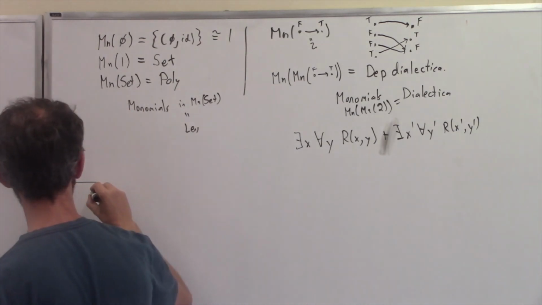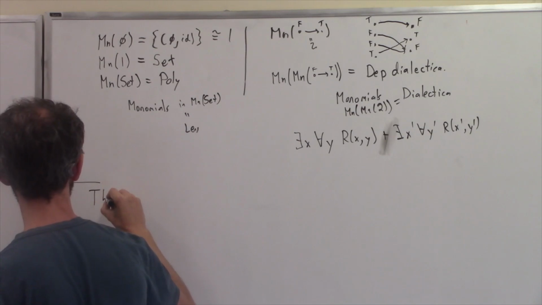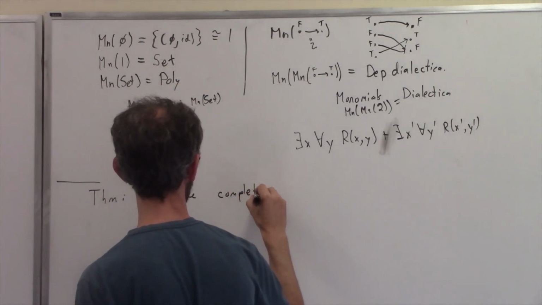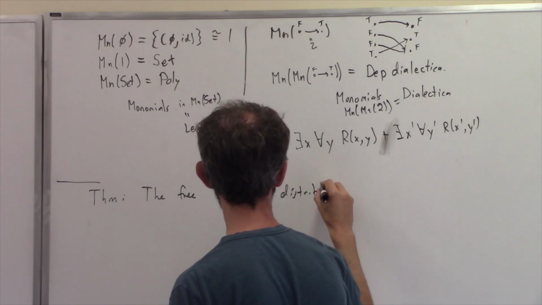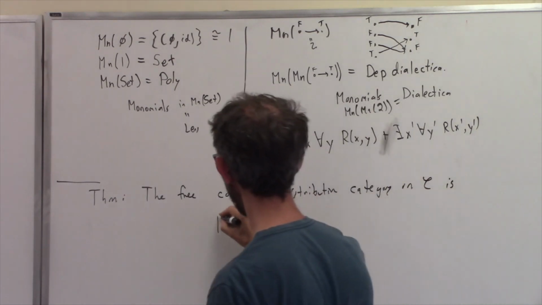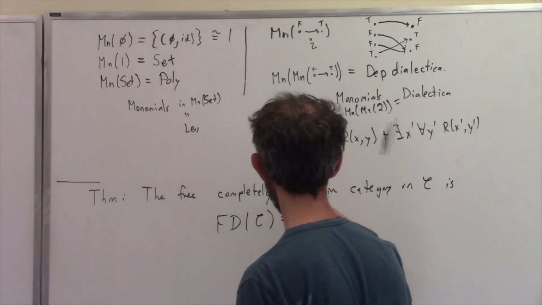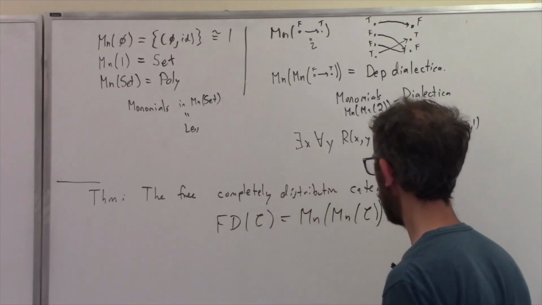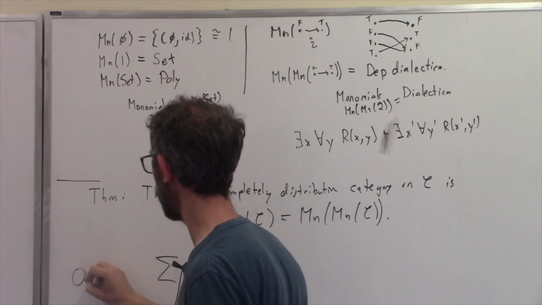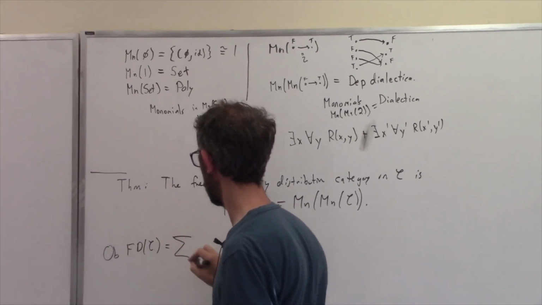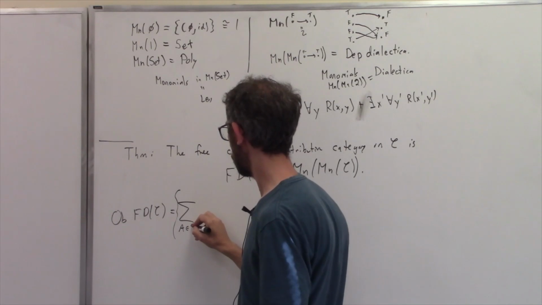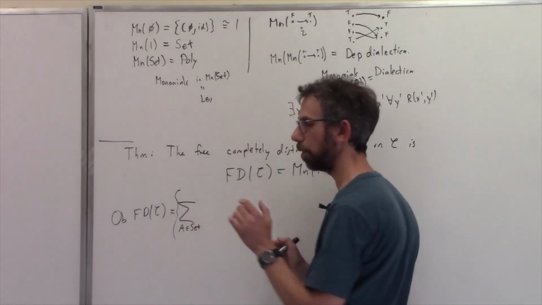Right, so here's the thing, theorem: the free completely distributive category on C, if I call it FD of C, that's menu of C. The free completely distributive category means that the objects of the free distributive on C are things like, you have some set that you just write as a symbol.